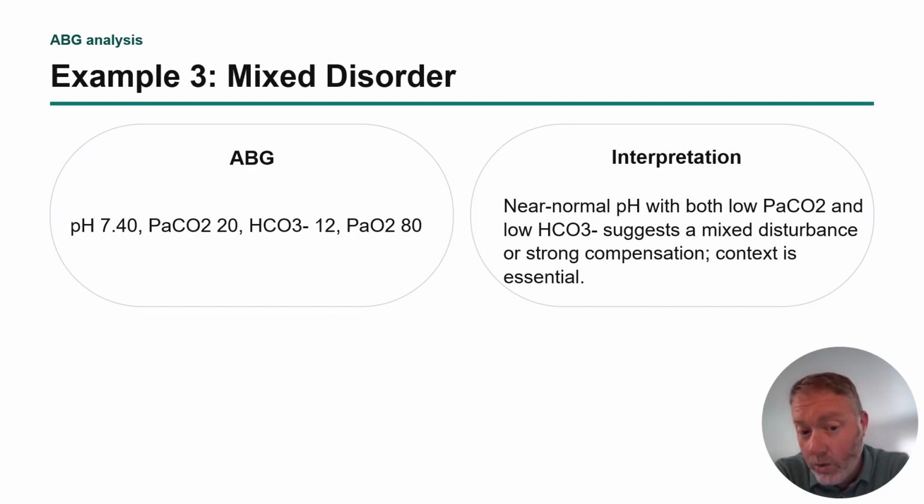If it's low, then that's indicative of not so much a respiratory issue, but a primary metabolic issue with some respiratory compensation. So take a look at the bicarb. If it was not a metabolic issue, it would be normal because the pH is normal.